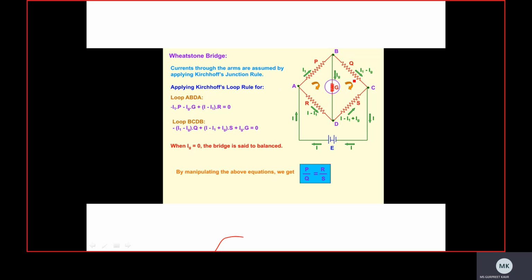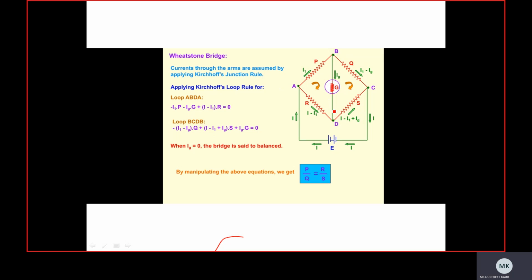So there will be fall of potential across resistance Q. So minus I1 minus Ig into Q, plus, see here, you are moving from C to D in the loop and current is moving in the opposite direction. So there will be rise of potential, written with plus sign, plus potential across this S, I minus I1 plus Ig into S.